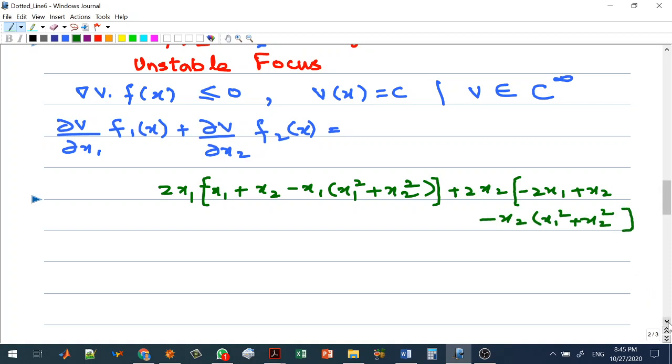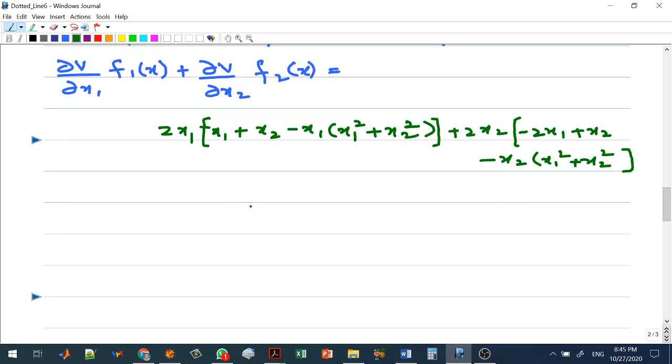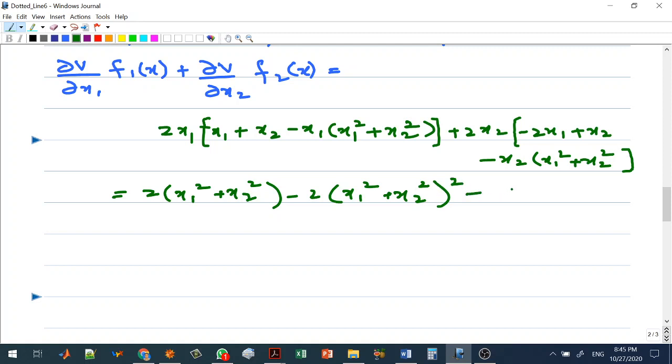So what remains is only simplification of this thing, and it comes out to be 2(x1 square plus x2 square) plus 2(x1 square plus x2 square) whole square minus 2x1 x2.